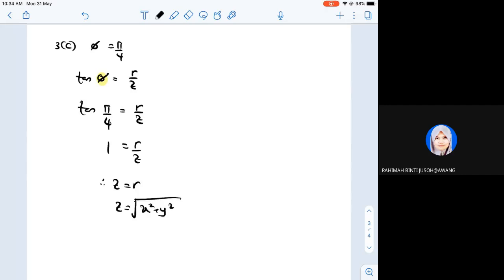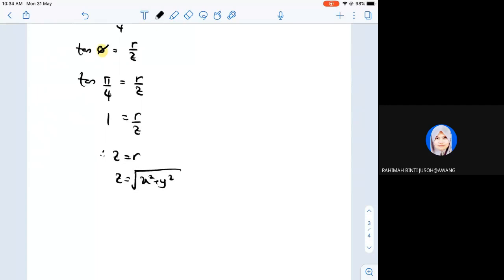So in a 3D graph, this equation is representing a what? A hemisphere? Where is the hemisphere? A hemisphere must have 3 variables, and it has a radius. This one doesn't have a radius, right?